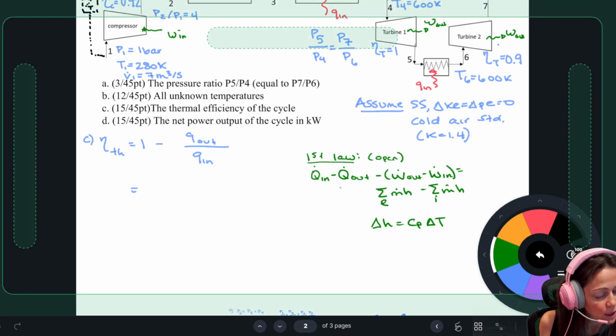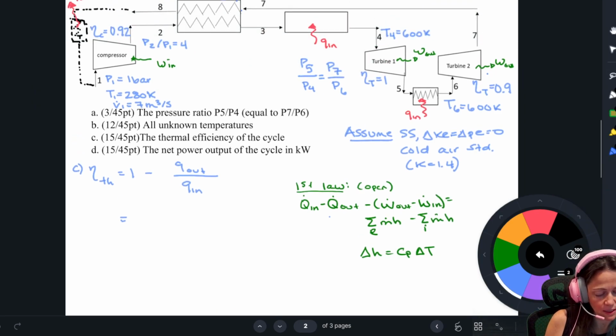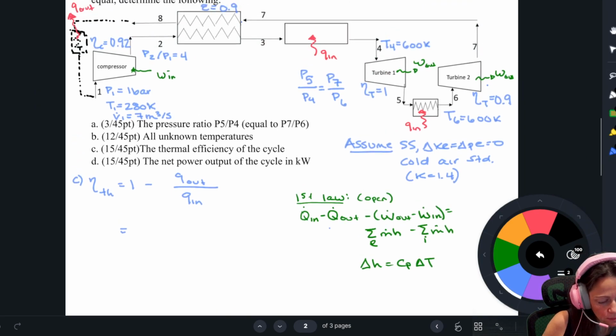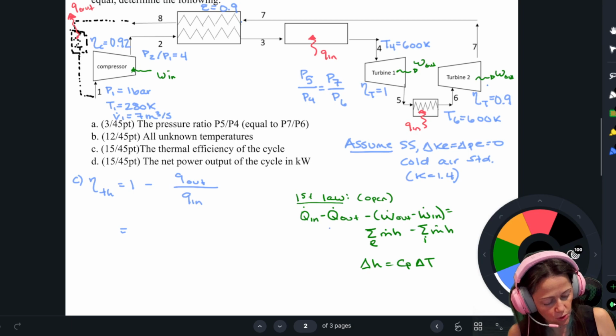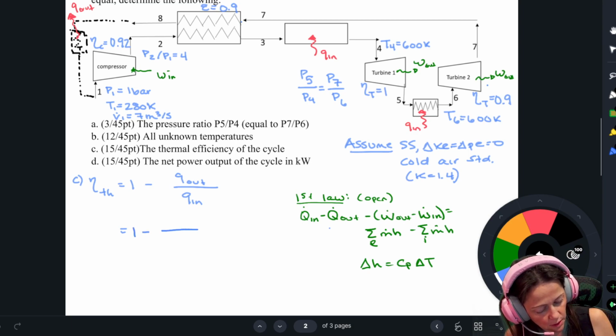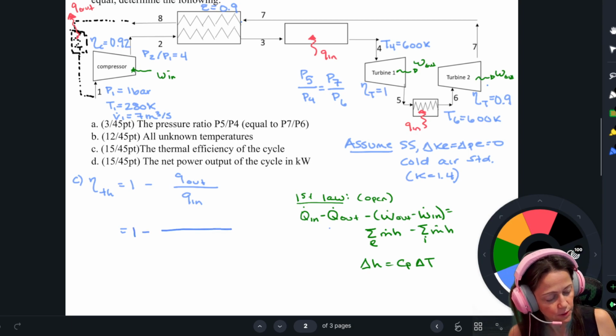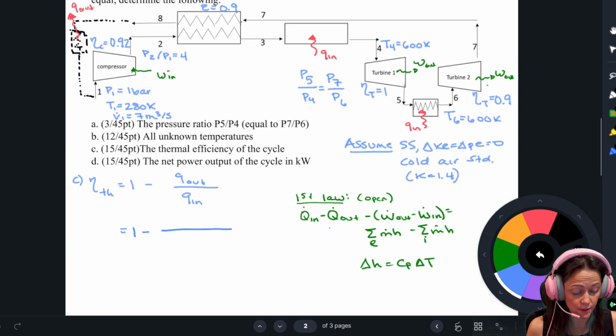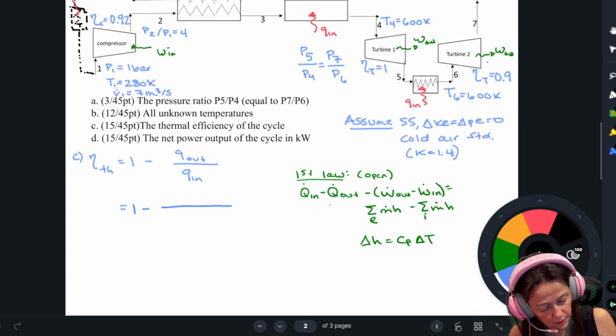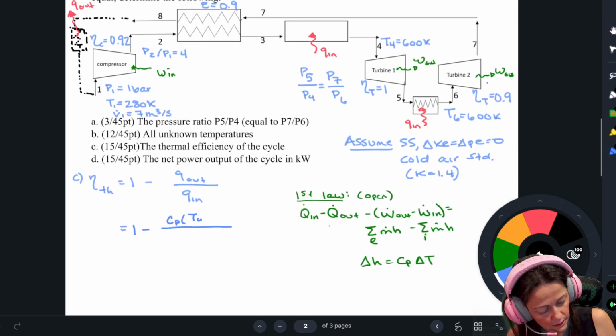Okay. So with that being said, let's get our Q in and Q out. We've got 2 Q ins and 1 Q out. Your Q out is going to be between 8 and 1, so it's going to be a delta H or a Cp delta T. On the top, it's going to be Cp times T8 minus T1.